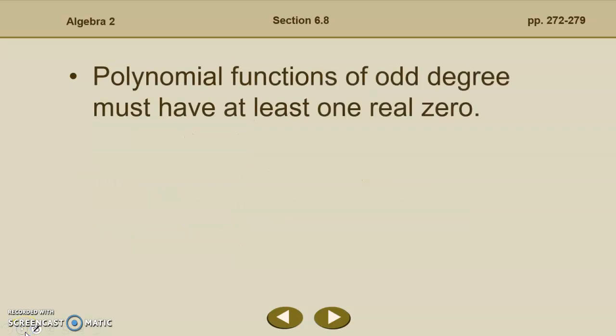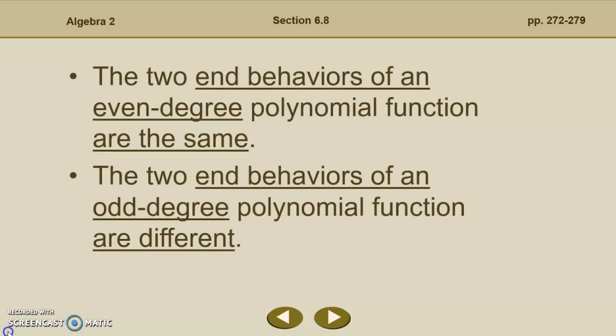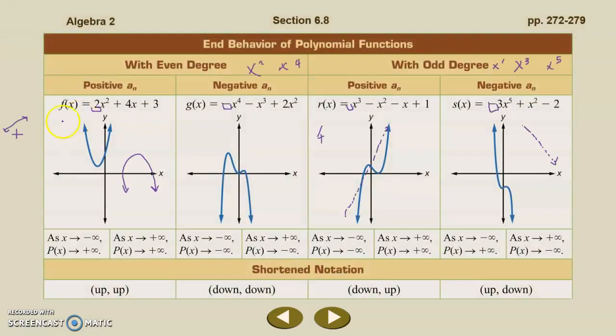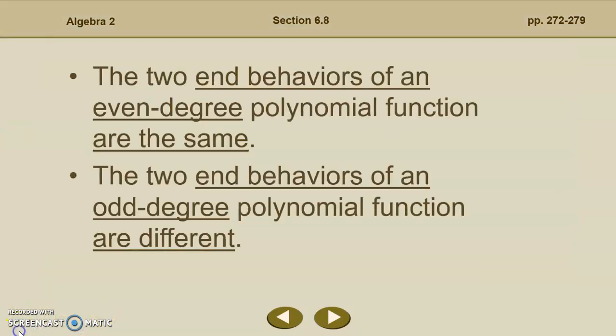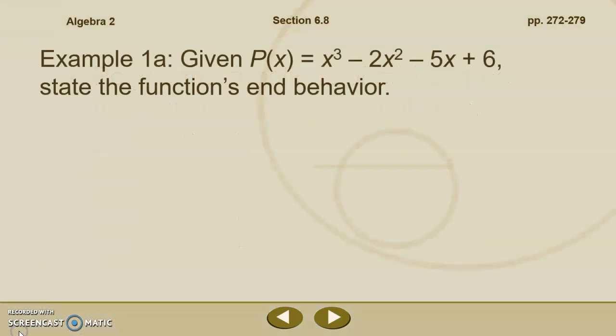Polynomial functions of odd degree must have at least one real zero. They're going to cross that x-axis at least once. An even degree doesn't have to have a real zero. It may not cross the x-axis. If you go back and look at that x squared function here, it didn't have a real zero. It didn't cross the x-axis. But odd degree functions will have at least one real zero.